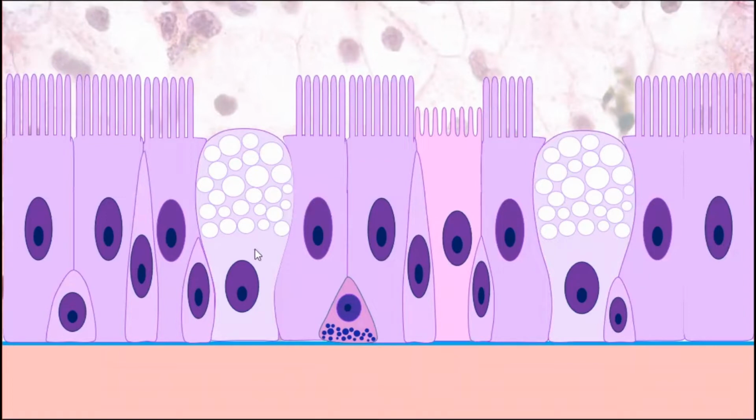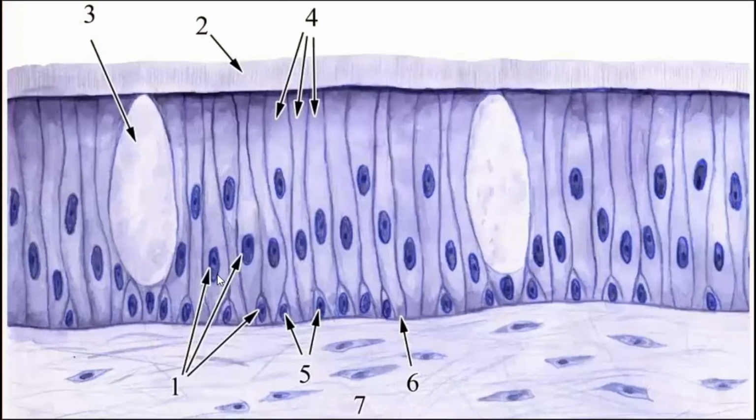So here we can see the main cells of the respiratory epithelium, the pseudostratified ciliated epithelium, which lines organs of the respiratory tract. And here is a drawing of a histological slide, and we can see goblet cells, ciliated cells, and also basal cells.